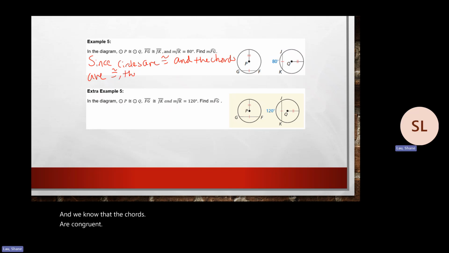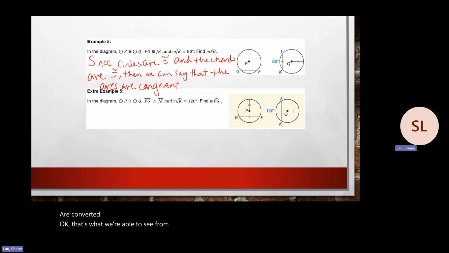Then we can say that the arcs are congruent. Okay, that's what we're able to say from this.